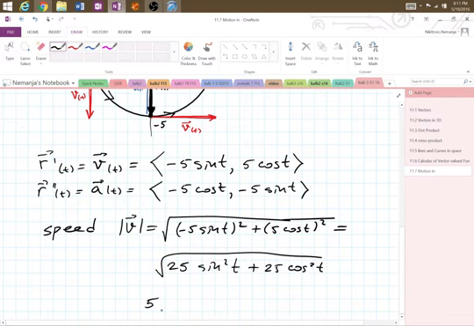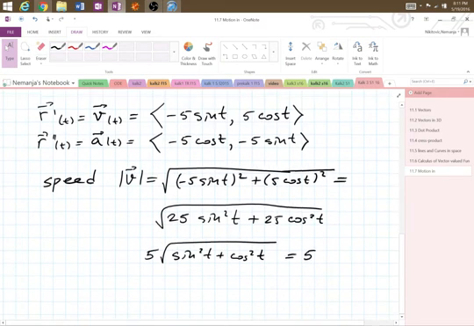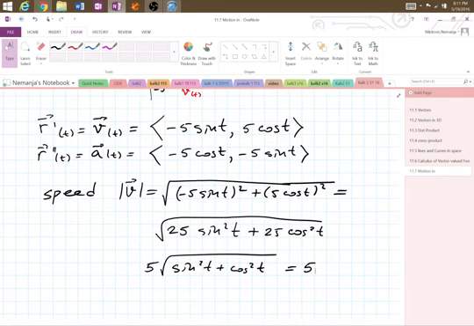We get 5 square root of sine squared t plus cosine squared t, which is, right, the identity, that's 1, so we get 5. Units, which is length per time. We can do that.